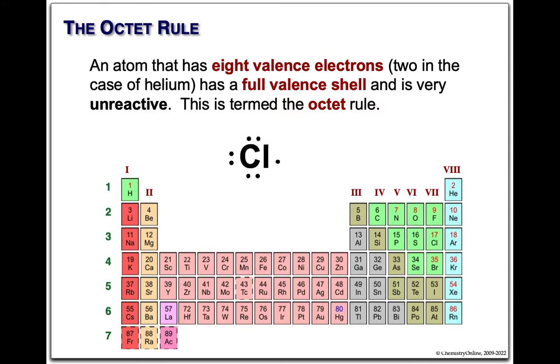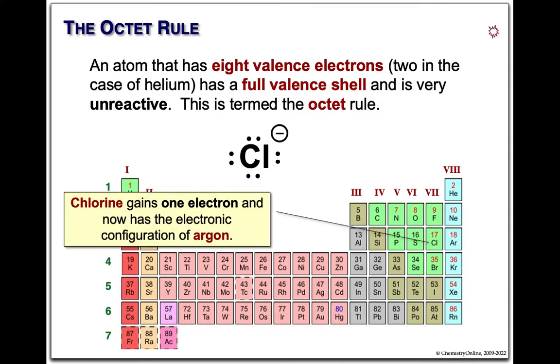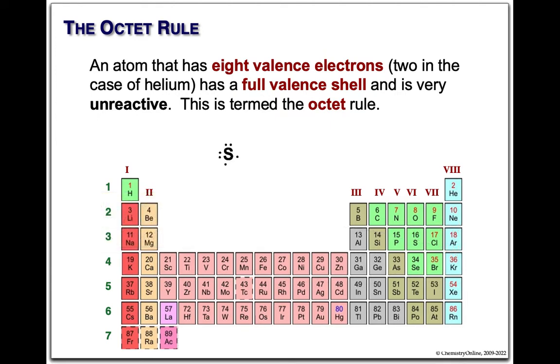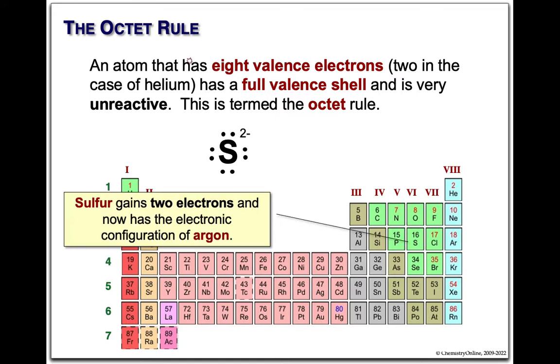Let's see what we did. We started with chlorine. Chlorine is here in group 7. We made chloride. When we did that, we took chlorine, which is in group 7, and we gave it the same configuration as argon, the inert gas. We took sulfur, here in group 6. We added 2 electrons and made a dianion.